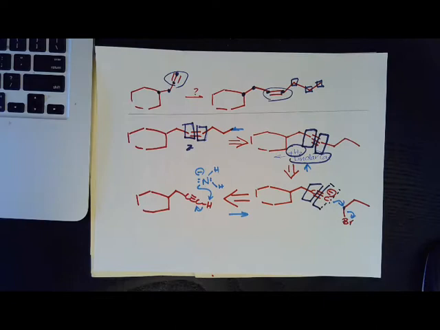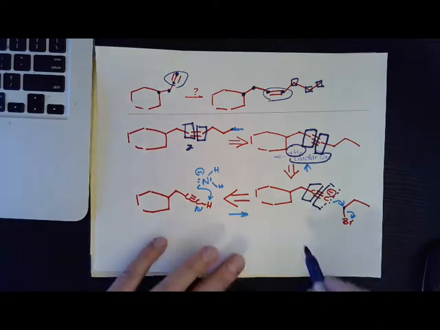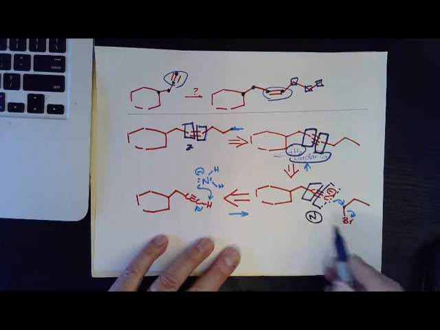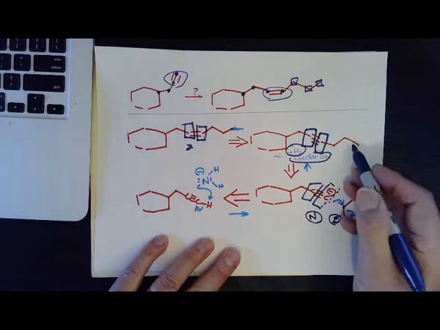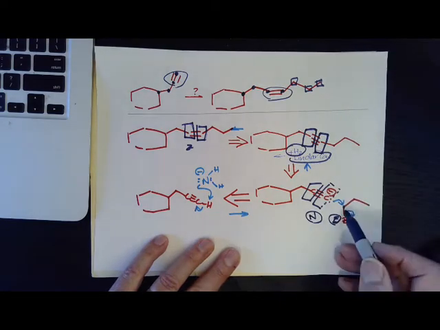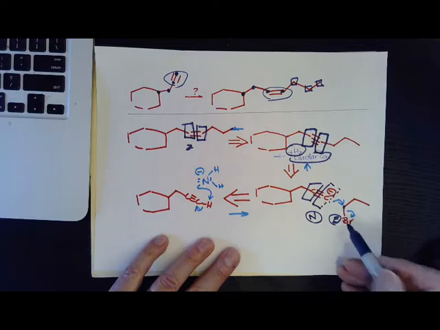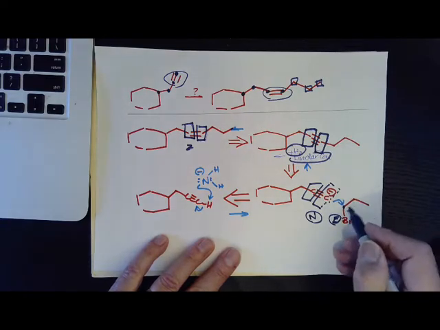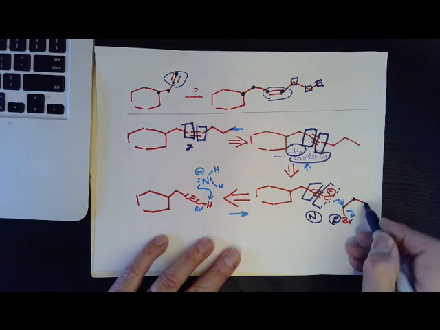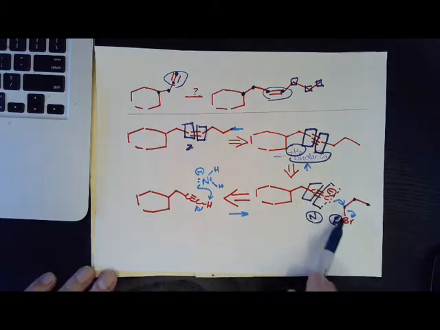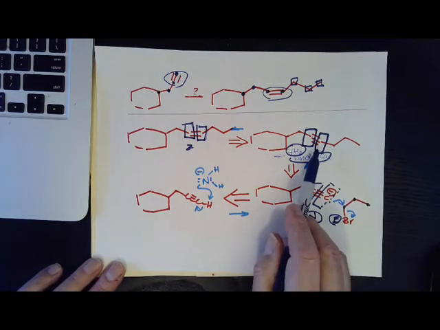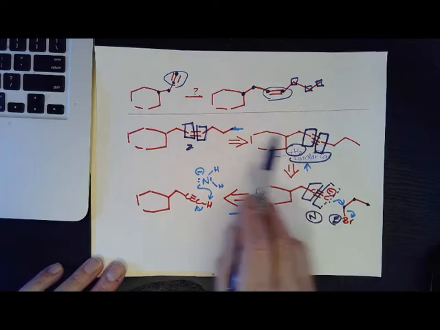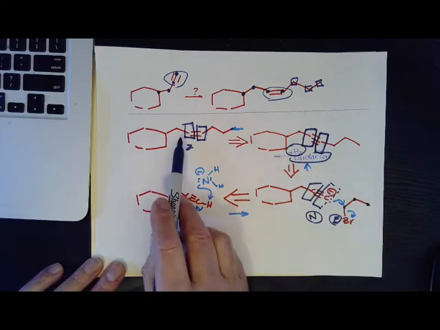The carbon on the right has a negative charge, and it's a nucleophile. So this nucleophile reacts with the electrophile to make this compound. The electrophile is a bromine, or it can be iodine or Cl, and it has 3 carbons. Remember, we needed 3 carbons. So if I add these 2 together, I make this one. Once I make this one, I can go back and make the double bond.